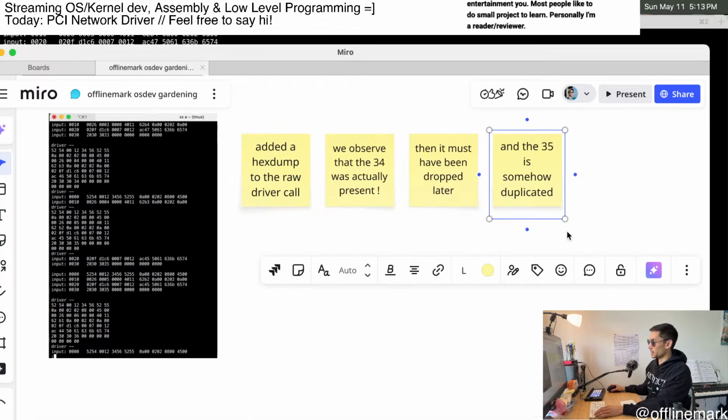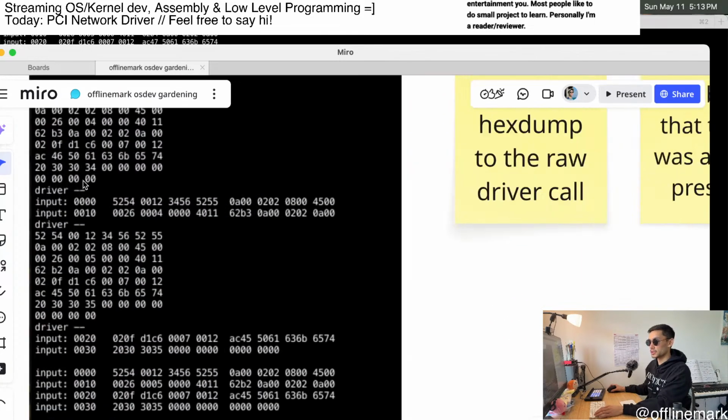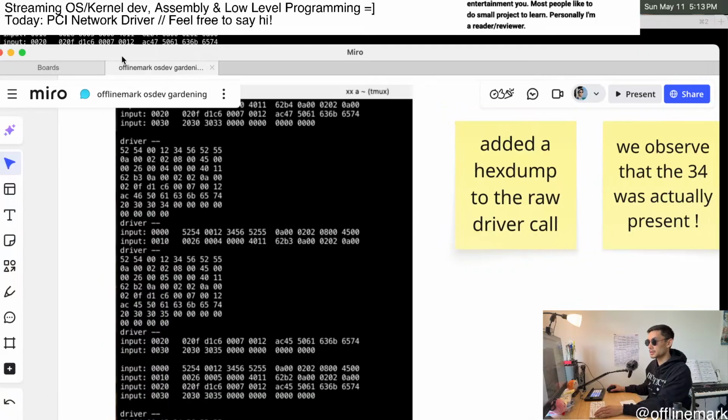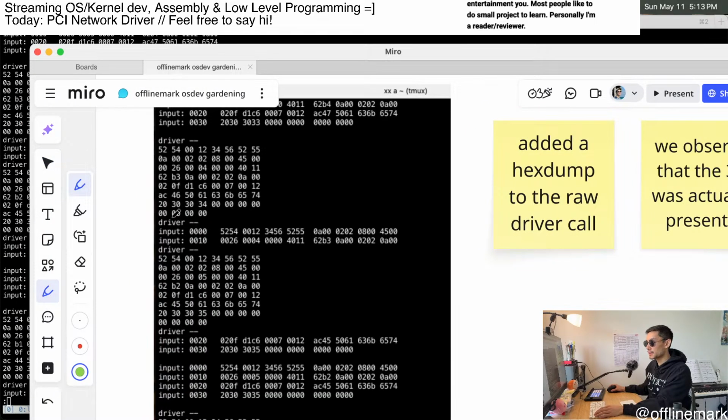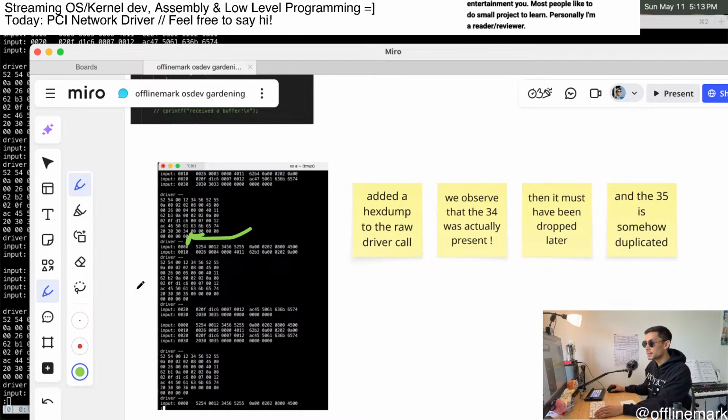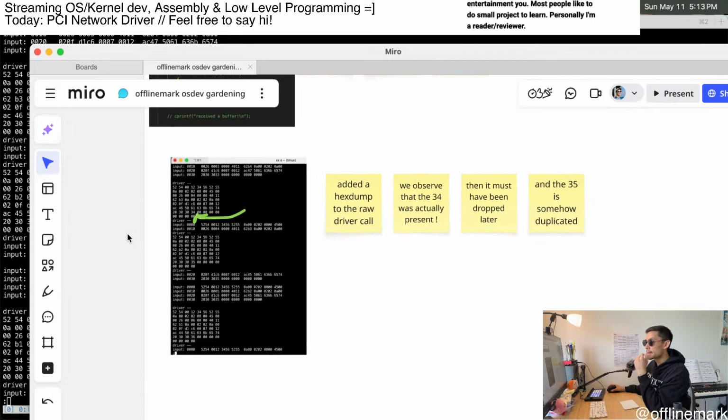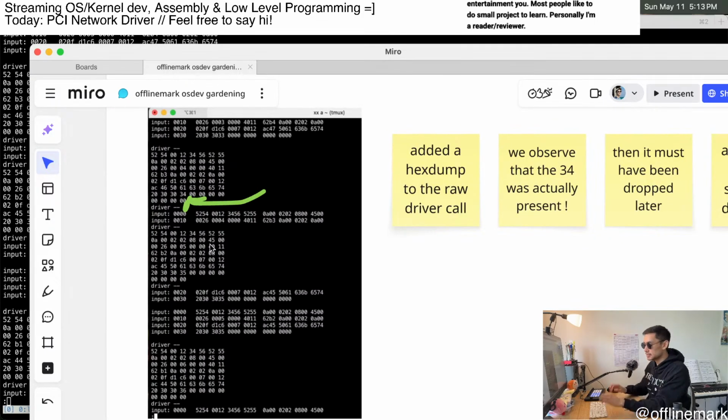So these are just my debugging notes for this situation. We can see the 34 is right there. Okay, that's good news. That's interesting. So maybe it's time to just look at the code.